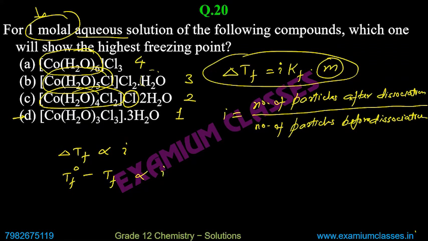Initially, it is higher, then there is depression, so it will be lower. So in the first case, TF will be proportional to i, and TF naught. So you can get it from this one also, okay.